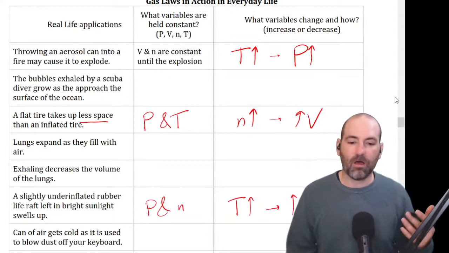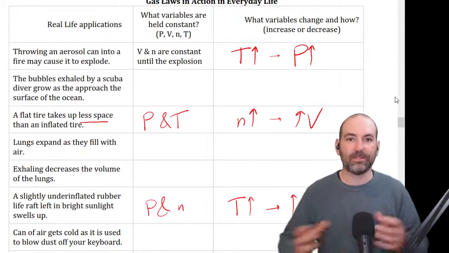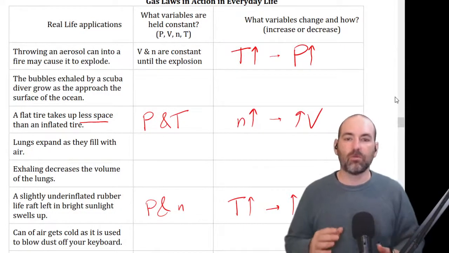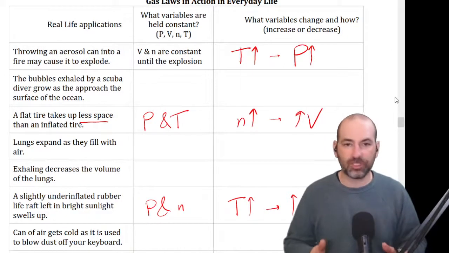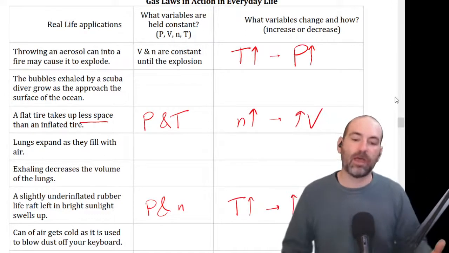And often when we want to zero in on a particular thing that's happened and explaining a phenomenon, we really need to focus on just two of the things changing. One of them changing, which causes the other one to change. And that means the other two have to be held constant.